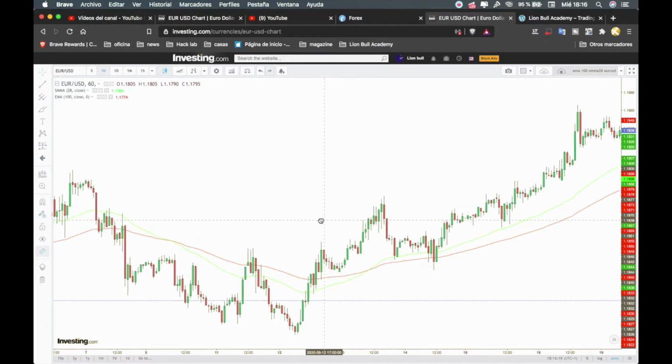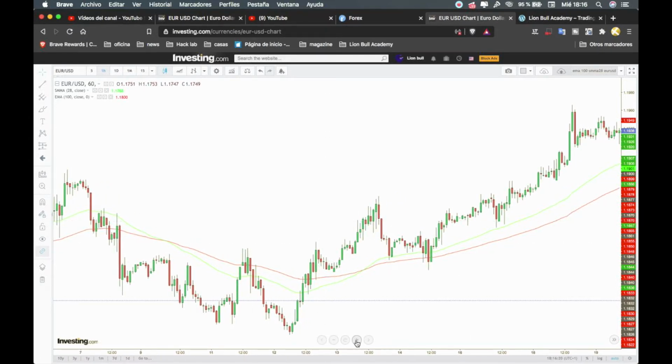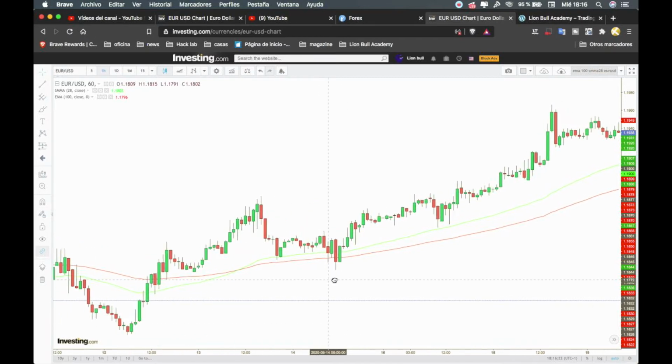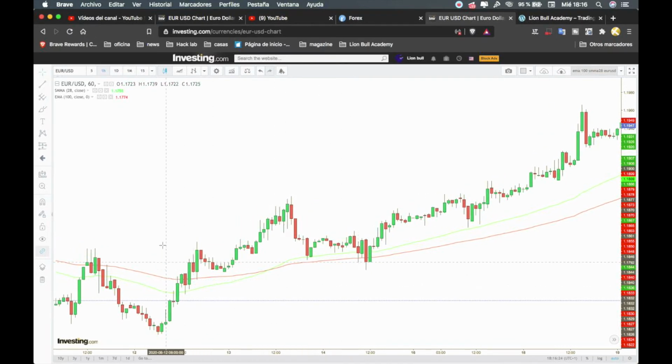So let's now explain how it works, first in a buy opportunity, and then we'll look at a sell opportunity. In the buy opportunity, let's put a buy order, and we click here. You see the green candle closes above the red line.